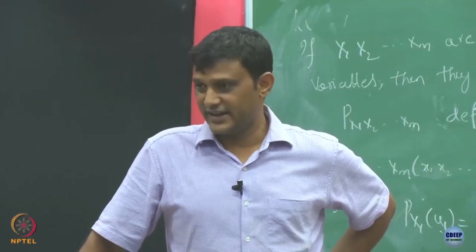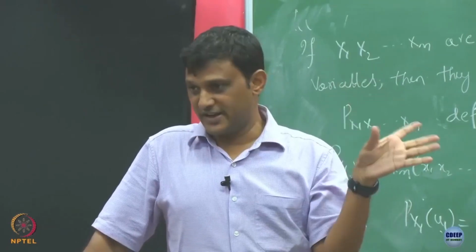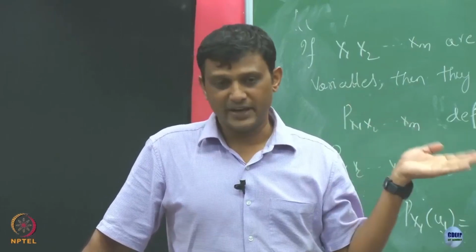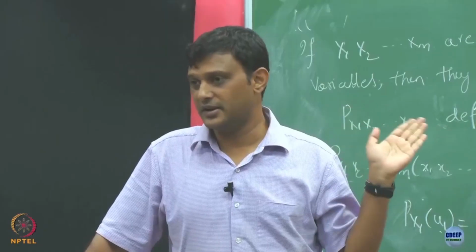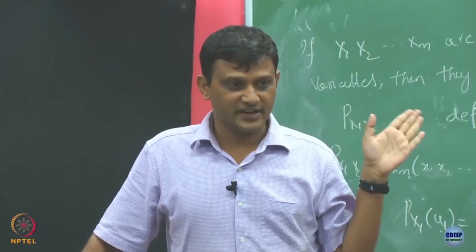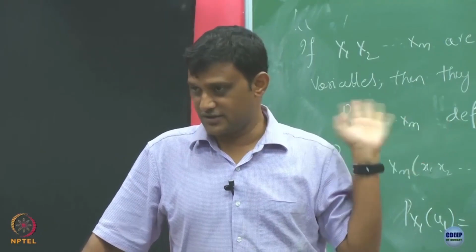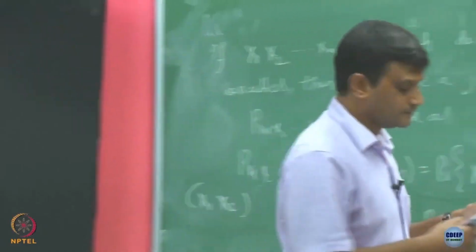So we have clearly said the set of events has to be independent. If they are only pairwise independent, that does not imply my random variables are independent. They have to be independent, not just pairwise independent.